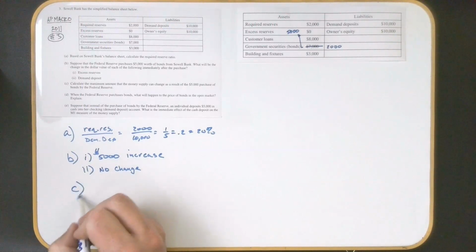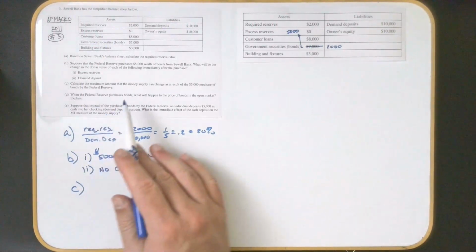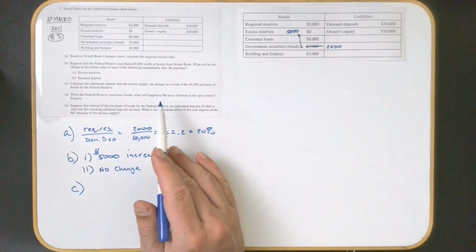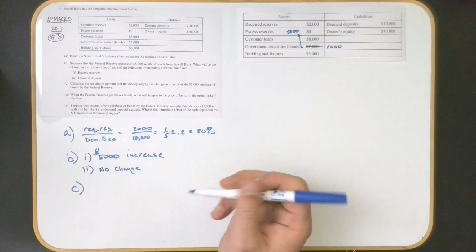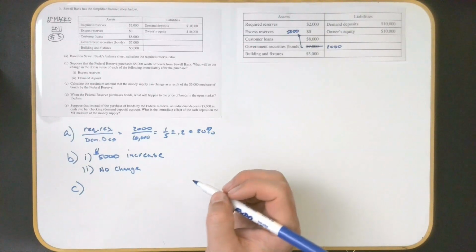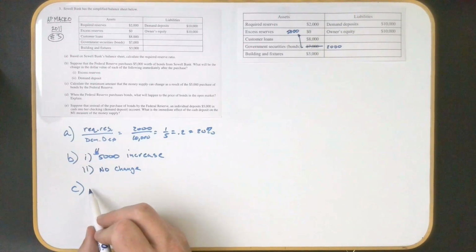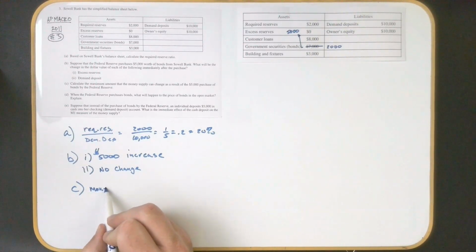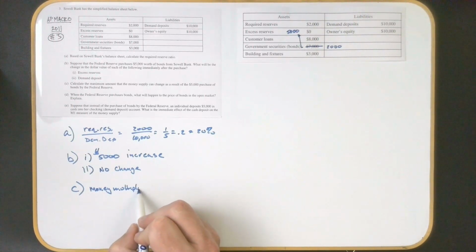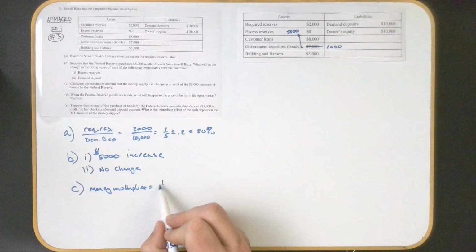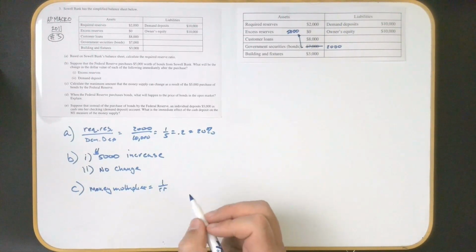Okay. Part C. Calculate the maximum amount that the money supply could change as a result of this $5,000 purchase of bonds by the Federal Reserve. All right, well, we're going to have to drift into our money multiplier. So if you remember, the money multiplier, not the spending multiplier, the money multiplier is 1 over the reserve ratio.